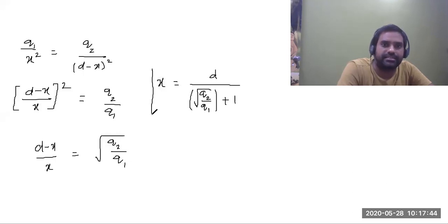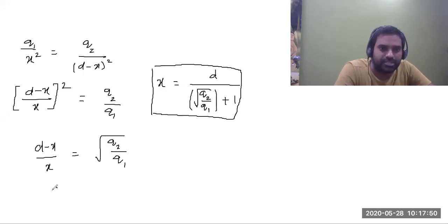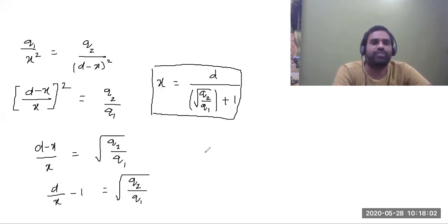The next step is D by X minus 1 is equal to under root of Q2 by Q1. Now from this, X is equal to D by (under root Q2 by Q1 plus 1).